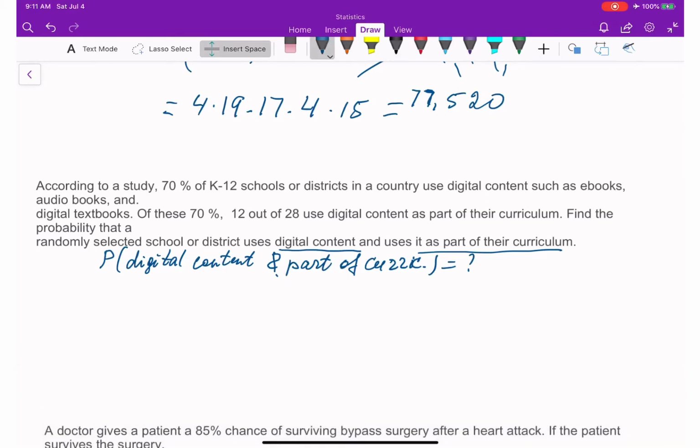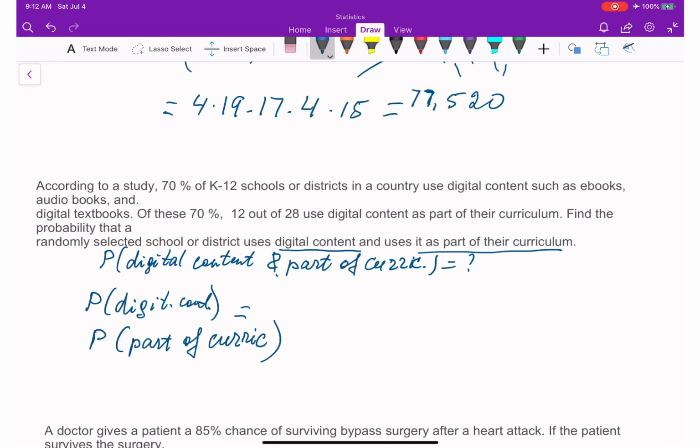First we need to find the probability of digital content, and then the probability of where it's part of the curriculum.